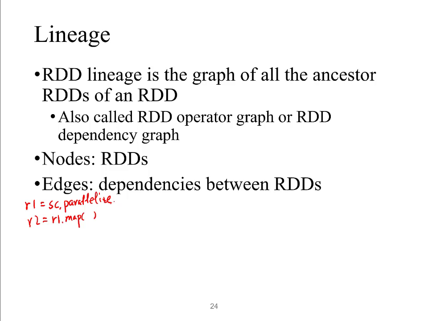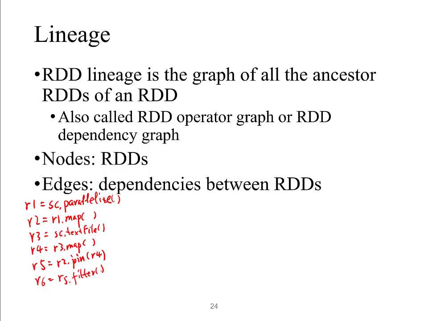Let's also define R3, which is from a text file. Say R4 is from R3. And let's say R5 is R2 join R4. And finally, R6 is R5 with, let's say, a filter.